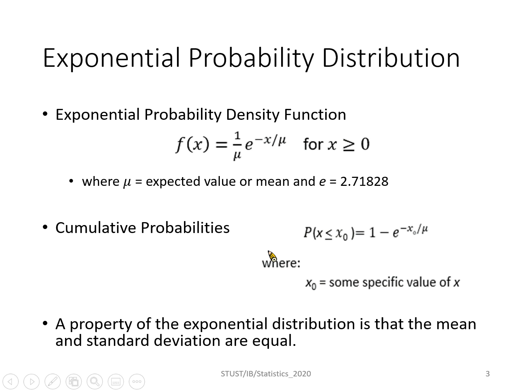But you need to know mu represents the expected value or the mean, and e means Euler's number, which is around 2.71828. You can calculate this formula by your calculator, your cell phone, or the computer.